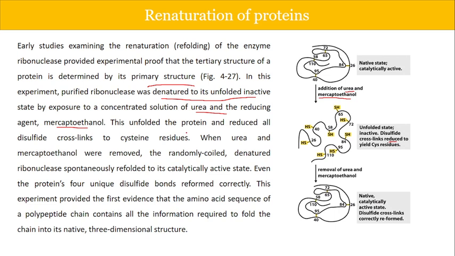The protein is now in the unfolded state with the reduced disulfide cross links. Now when these conditions are removed and the unfolded protein is brought to a state where we do not have urea and mercaptoethanol, the randomly coiled or denatured ribonuclease spontaneously refolded to its catalytically active form.